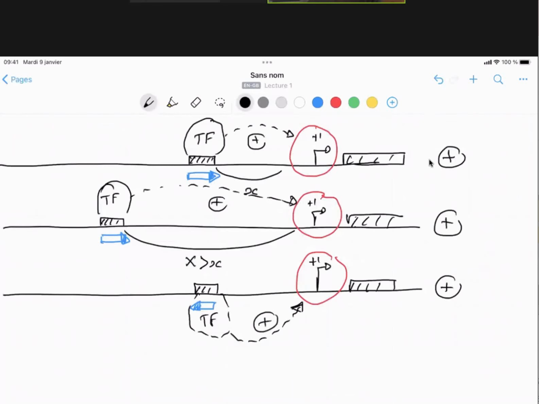Okay, so if you look carefully at this awful drawing, sorry about that, the localization of the binding site of the transcription factor doesn't have a big impact in terms of activation because DNA can bend.